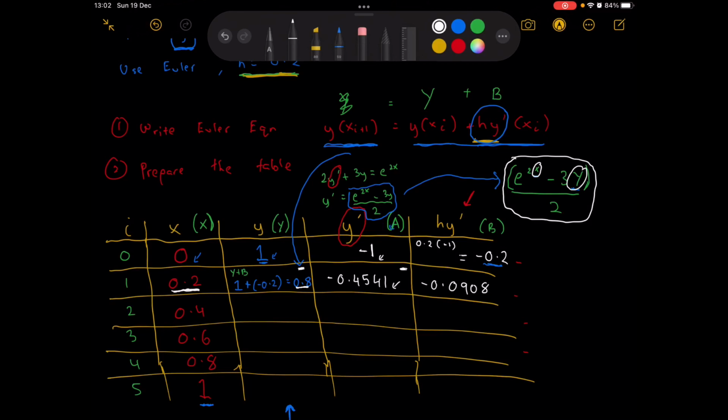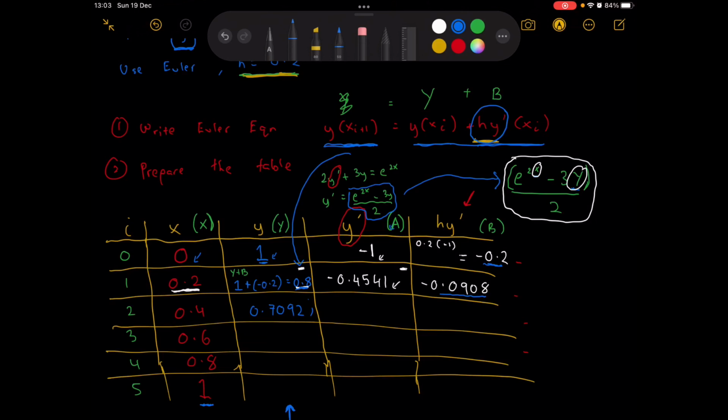Okay, now let's move on to the third row. We need to solve this. So y plus b, again our y value has now changed to 0.8. So 0.8 plus our b value, which has now changed to negative 0.0908. If I solve this, the value now is 0.7092.